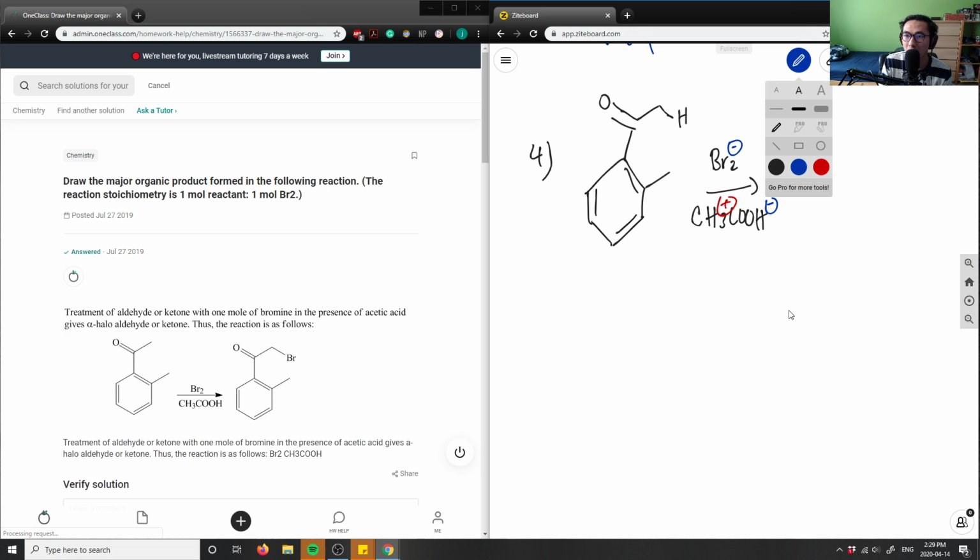This here is oxygen, it's electronegative, so it has a negative dipole here. This here is partial, which means the hydrogen here is partial positive, right? So what am I doing? How does this work?